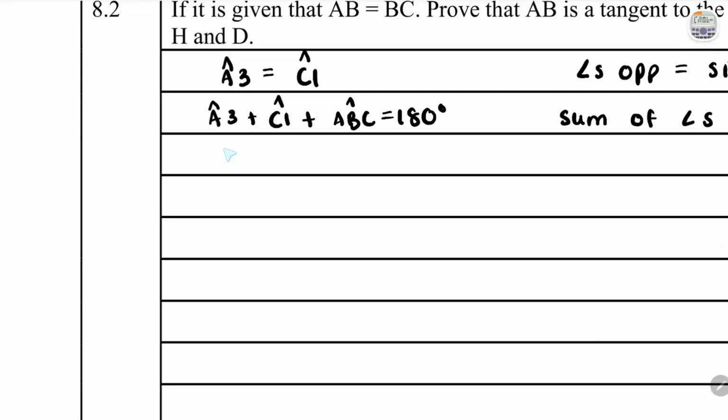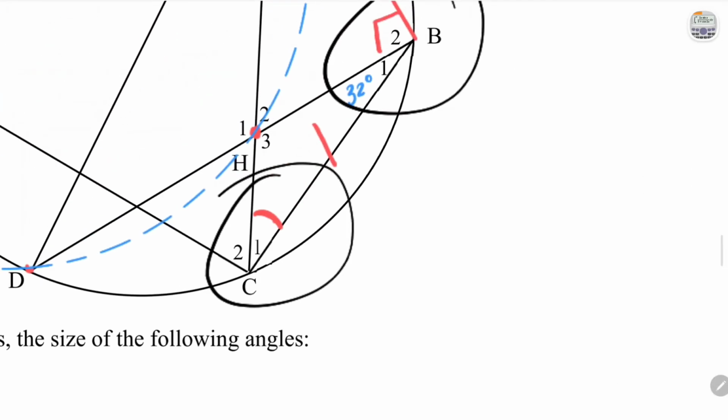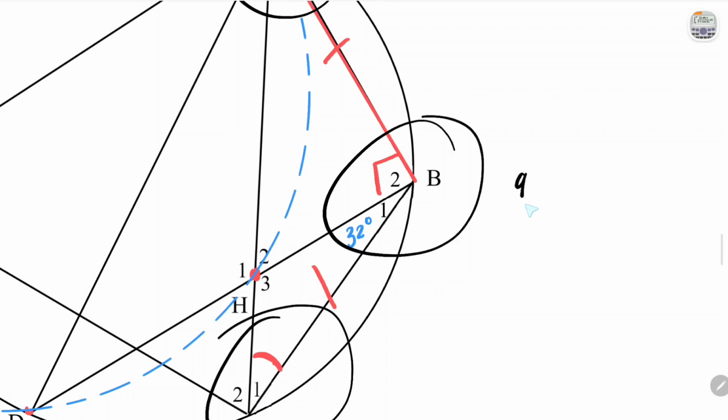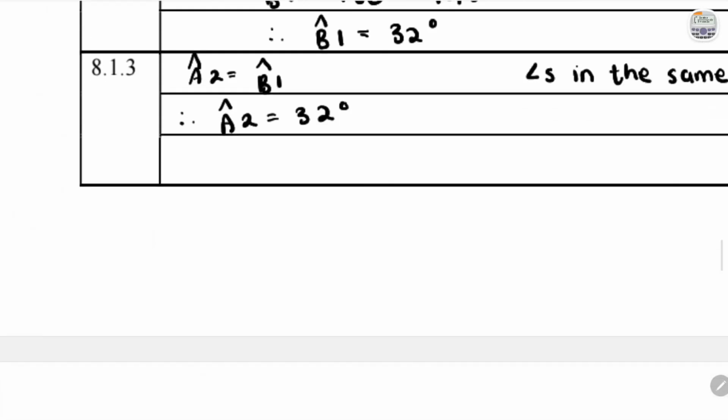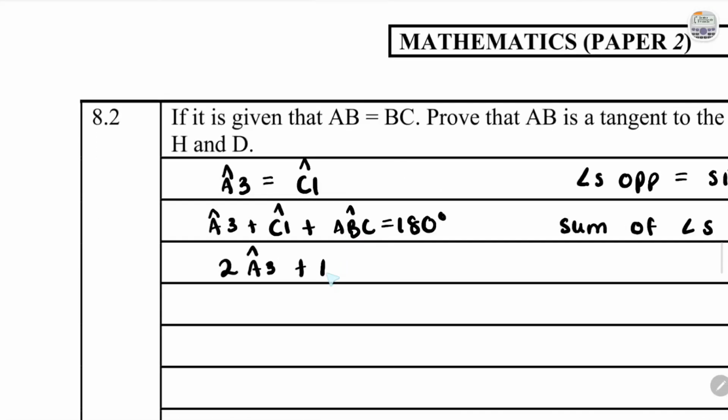Adding these angles, angle A3 plus angle C1, they're exactly the same, so we'll just call them in terms of angle A3. So that's angle A3 plus angle A3, which makes 2 angle A3, plus angle ABC. Now that is 90 degrees plus 32 degrees, which is 122 degrees. Okay, so we know what that is, 122 degrees.